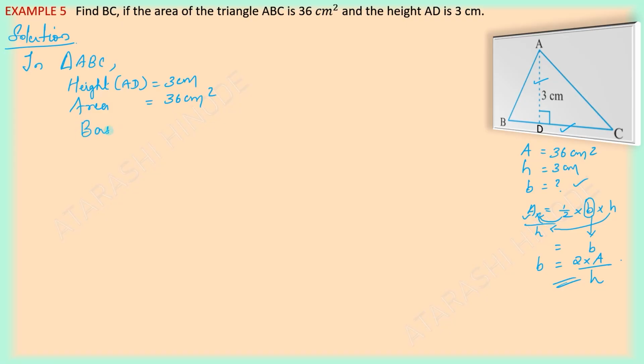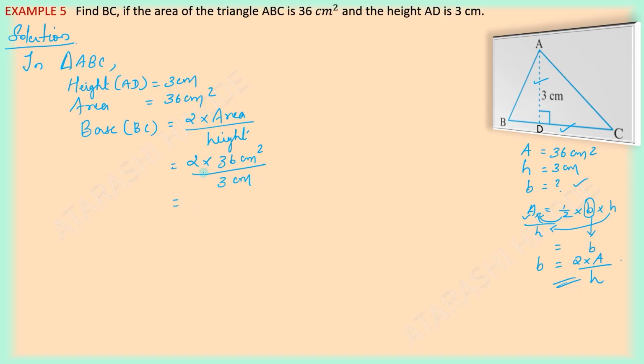So, base is equal to, what is base here? It is BC, that is equal to, what is the formula? It is 2 into area divided by height, that is equal to 2 into area is 36 centimeters square divided by height is 3 centimeters.